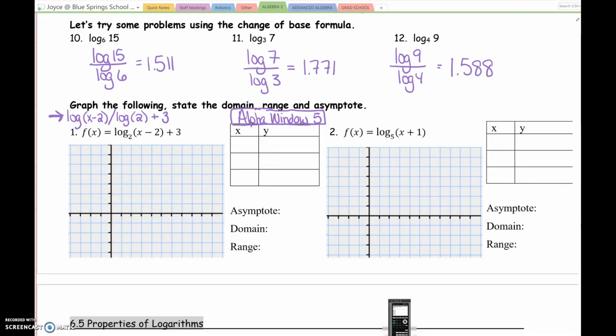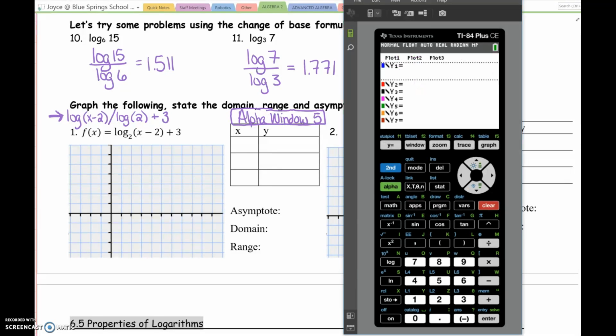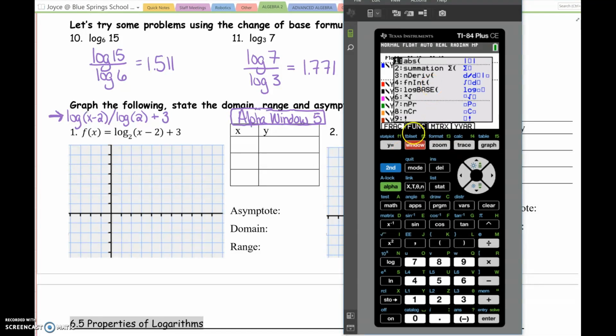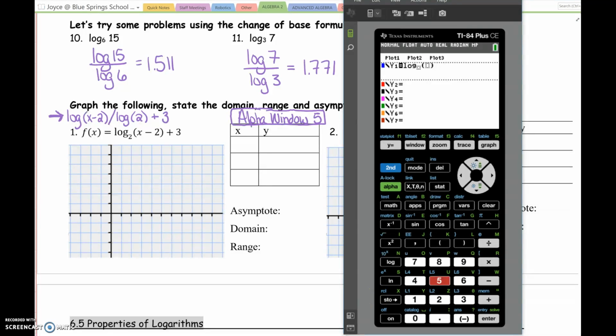So if you watch on the calculator, alpha, that's the green button. Window, that's the button just to the right of y equals. It pops up this menu, and then you push number 5, and it gives you log base. Log base 2 of x minus 2.